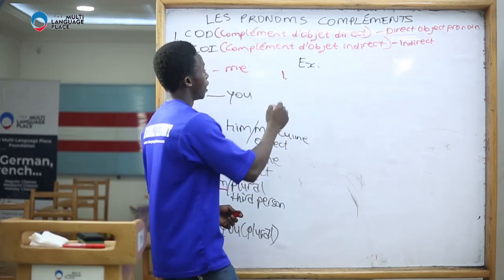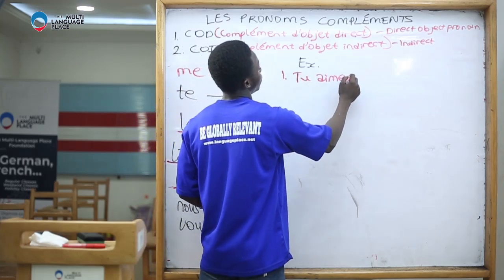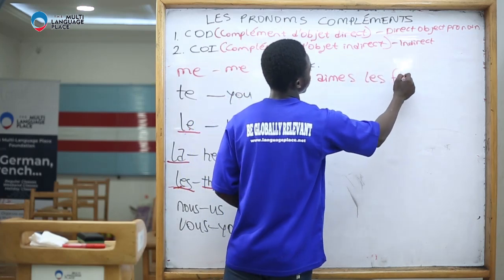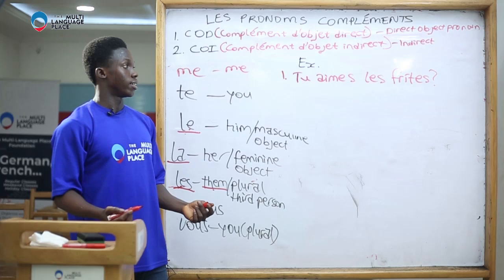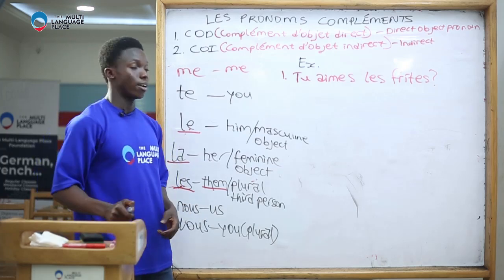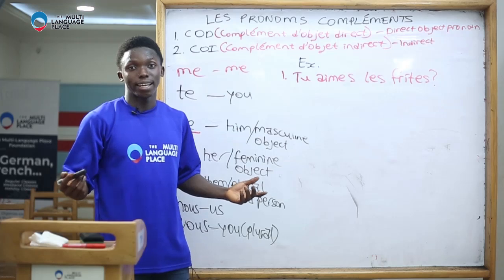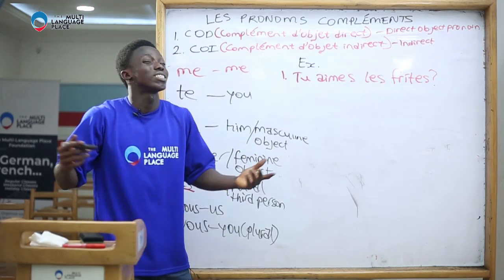What if I have a question that says, "tu aimes les frites?" And I want to respond in the negative. How do I respond? I want to say, no, I don't like fries. Or no, I don't like them.